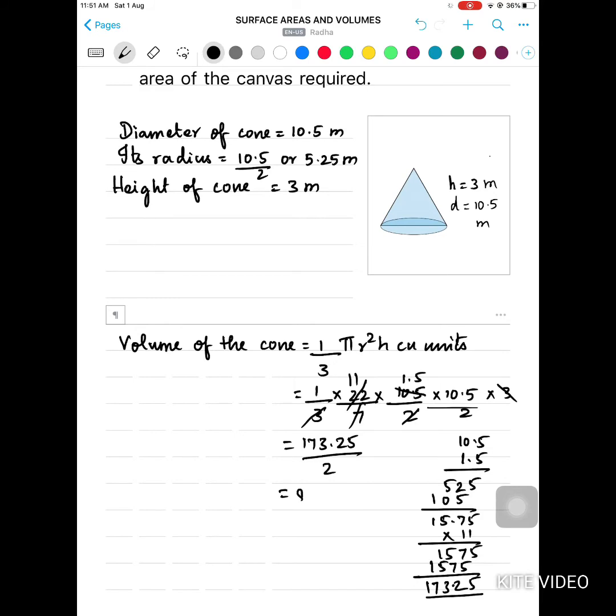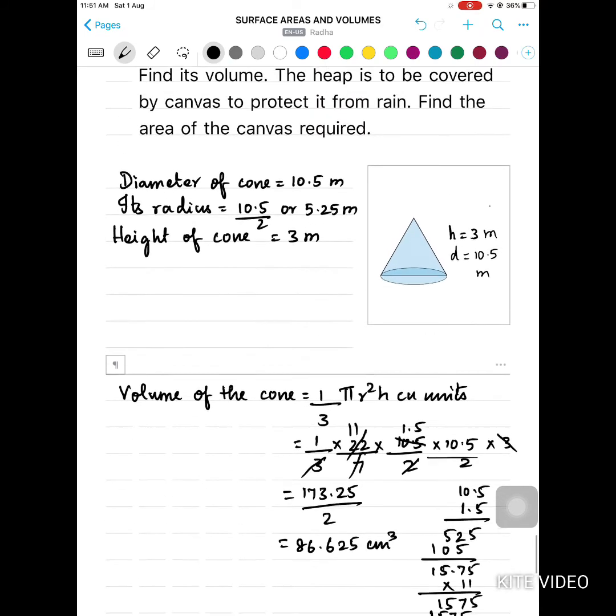When you divide by 2, what do you get? 86.625 meter cube. So this is the volume of the cone.